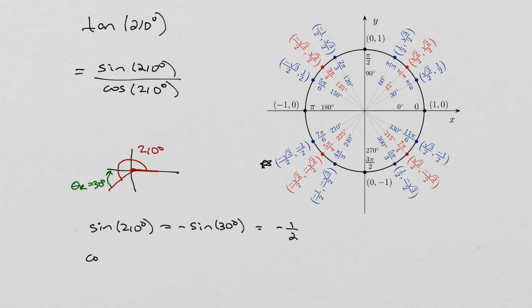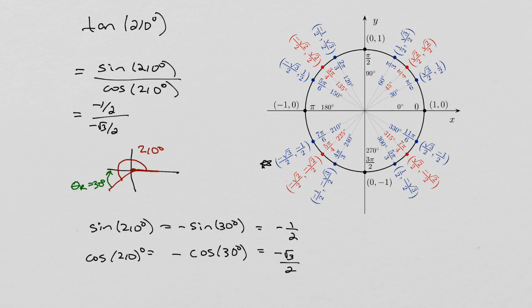For cosine of 210 degrees, its reference angle is also 30 degrees, and in quadrant 3, the right plus or minus sign for cosine is also negative. So cosine of 30 degrees is square root of 3 over 2, and when you put that negative out front, you get negative square root of 3 over 2. So tangent of 210 degrees is that sine value over the cosine value.